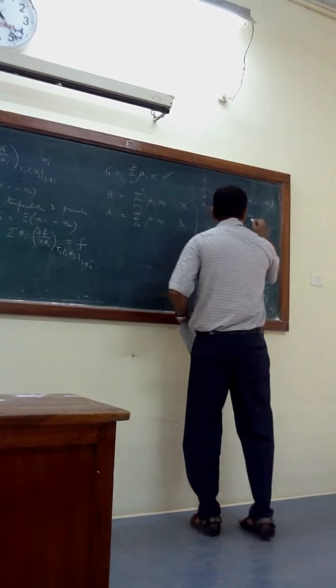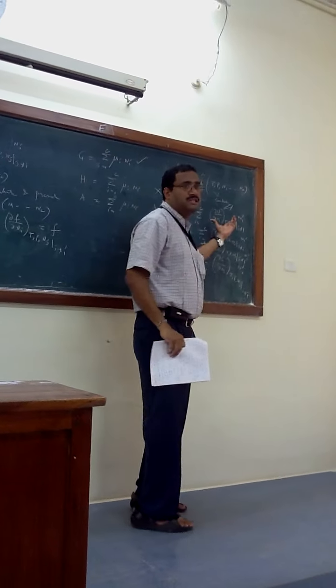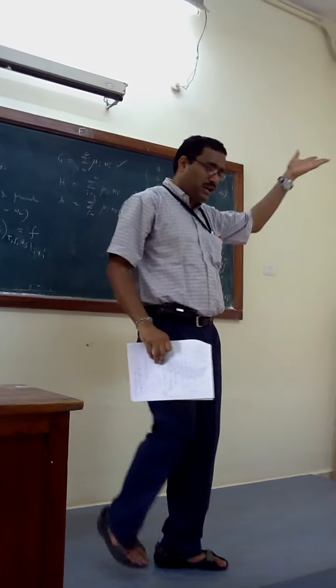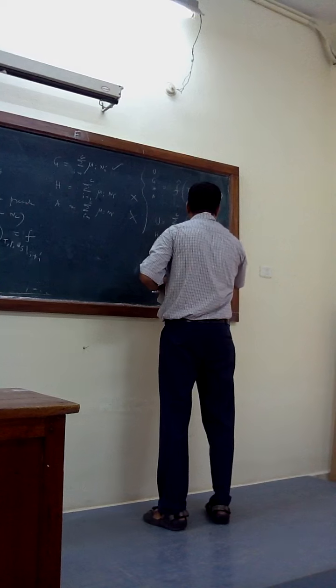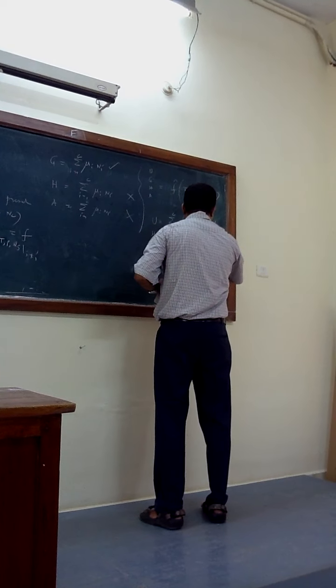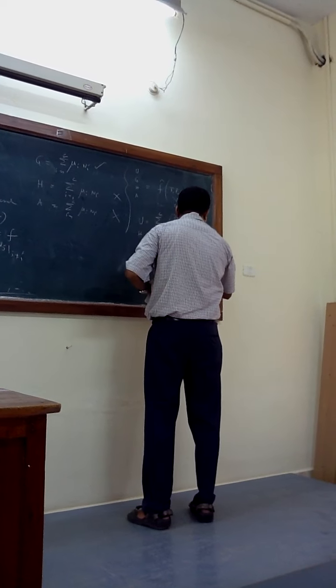Okay, and this quantity is known as something. What is this quantity? Partial molar property. I write it this way: this is known as partial molar property.